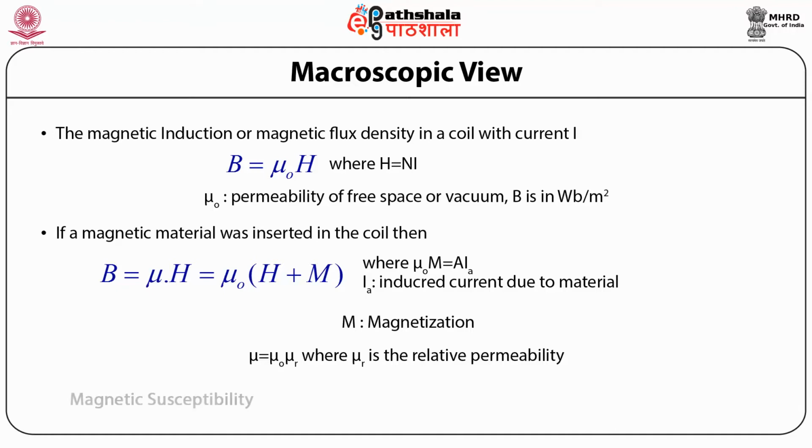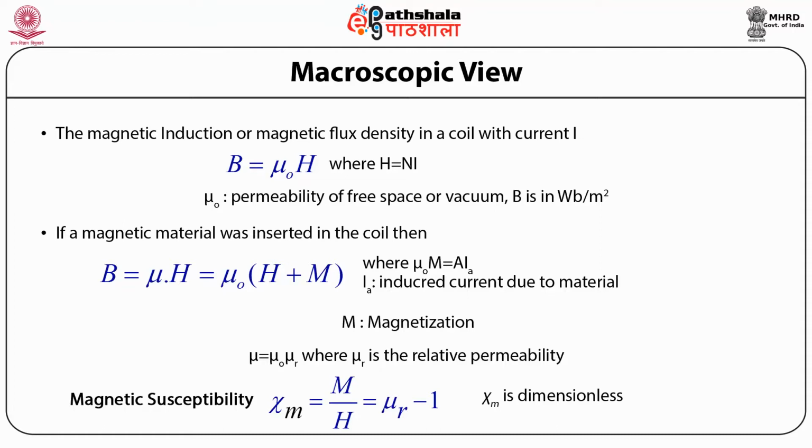Now, if the magnetization is assumed to be proportional to the magnetic field H with a proportionality constant defined by a magnetic susceptibility eta m, that is M is equal to eta m H. So we can write the equation again, and it becomes B is equal to mu naught H plus eta m H. So the final equation becomes B is mu naught mu r H, where mu r is the relative permeability.